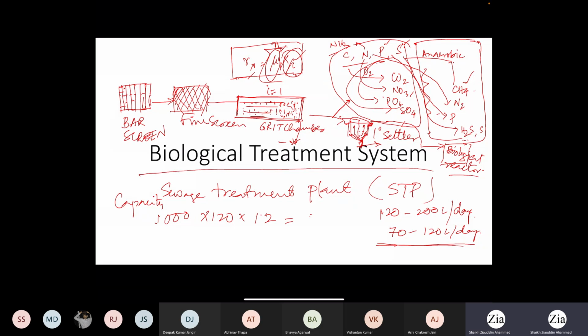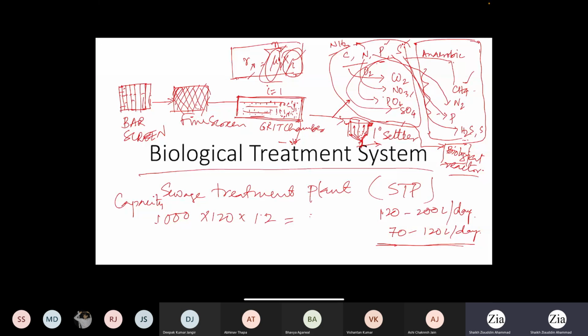And similarly for the primary settler, whatever sludge you get, if you get a lot of organic content in the sludge, like heavy fecal matter deposited in the primary settler, then this sludge can be treated in another reactor. Typically in STPs they use an anaerobic reactor to treat the sludge.